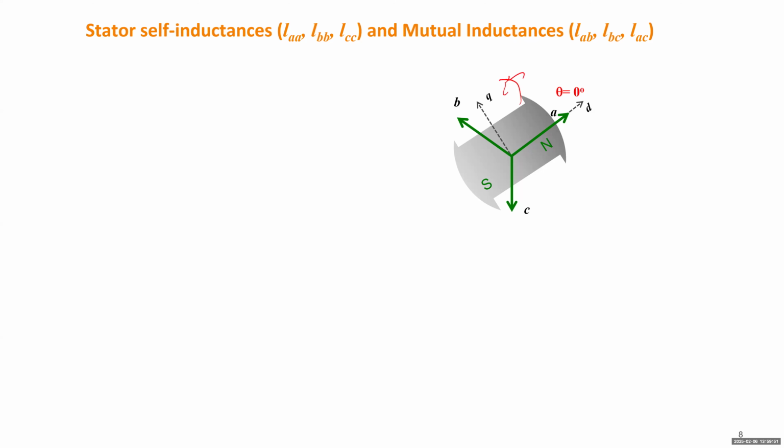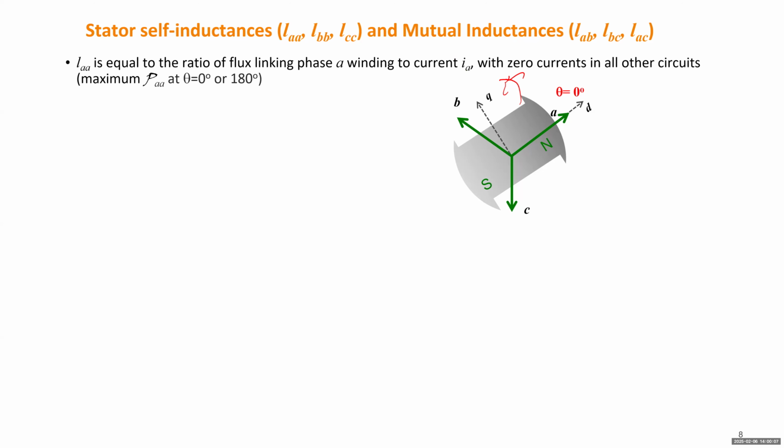At this initial time, theta is 0, which means the N direction is in parallel with A. But as time goes on, theta will increase, so the angle can separate. So this self-inductance LAA is equal to the ratio of the flux linkage of the phase A winding to the current, especially just the flux linkage divided by the current IA.